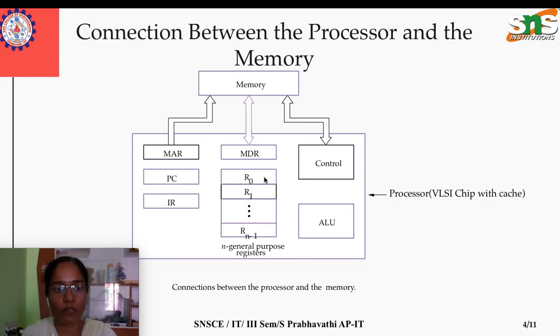The register values are volatile, which means the values won't be stored permanently in the registers. Apart from these, there are registers like the IR, the instruction register. When we fetch an instruction from the memory, that instruction is stored in the instruction register, and later it is decoded and executed.